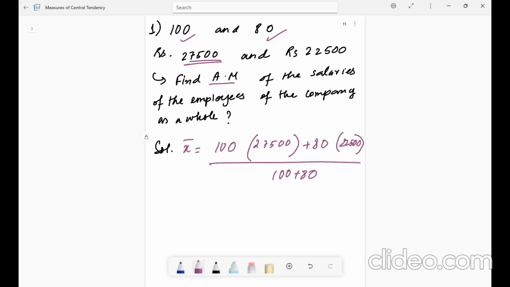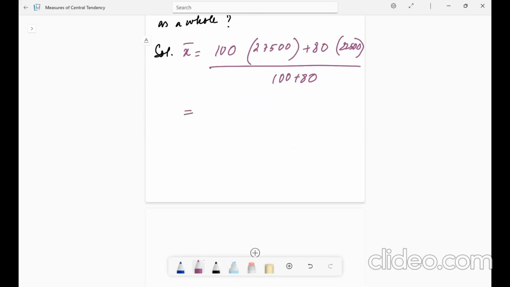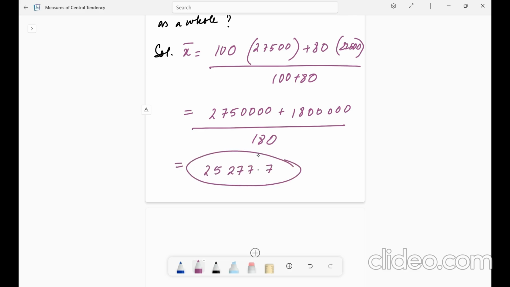Just now we considered it. So the answer is 27500 times 100, that is five zeros, divided by 180. The answer will be 25277.7. You are free to use the calculator, but please try and learn to use the scientific calculator, okay? So this is the answer.